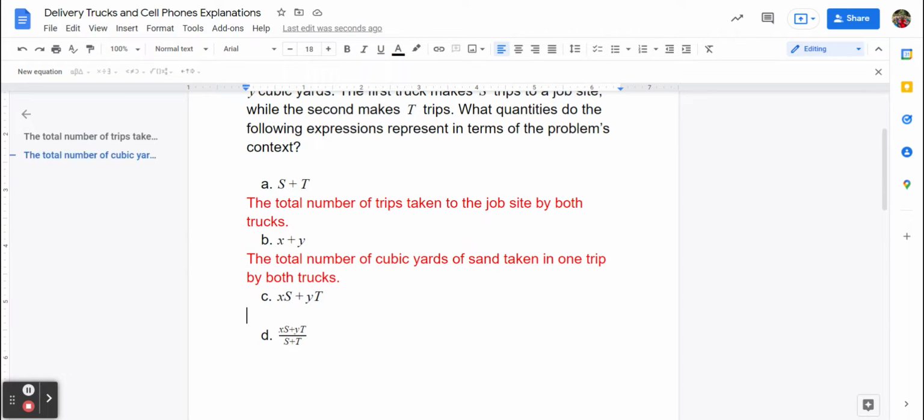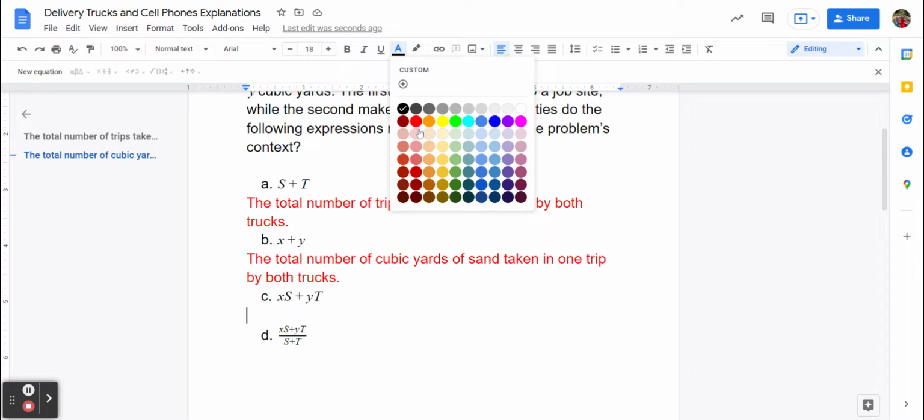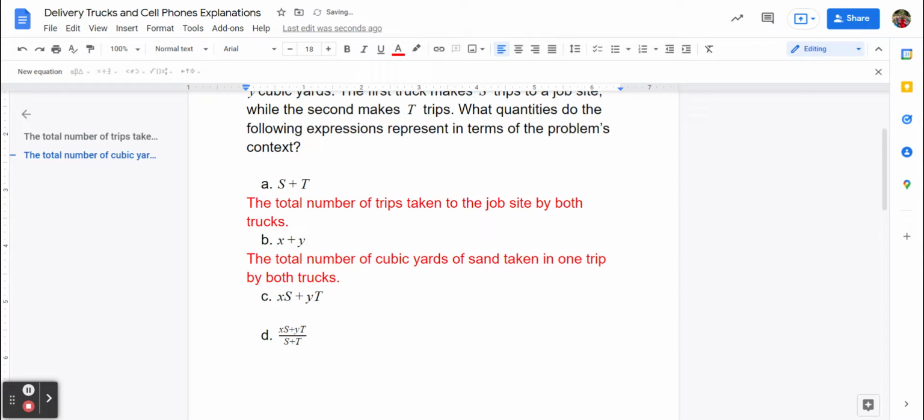All right, now they're starting to get even more complicated. So here we're looking at X times S plus Y times T. So let's take each part separately. X times S is the amount of sand taken in one trip times the number of trips. So XS is the total amount of sand brought by the first truck to the site.